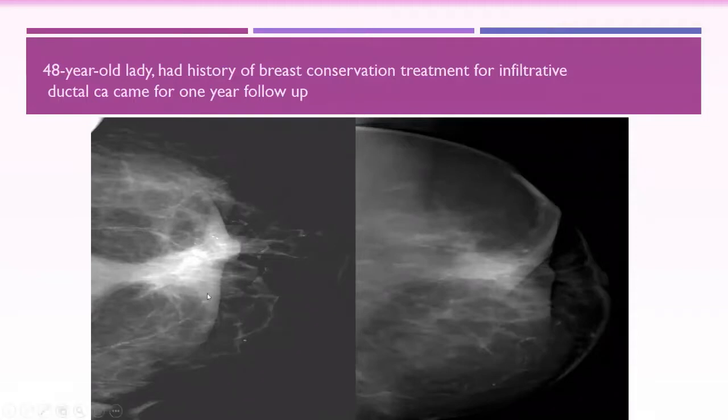The distortion is there, and the density and asymmetry are getting smaller, but you could appreciate some microcalcifications. What do you expect from this microcalcification? Either fat necrosis occurring after surgery, or it could be a new recurrence.